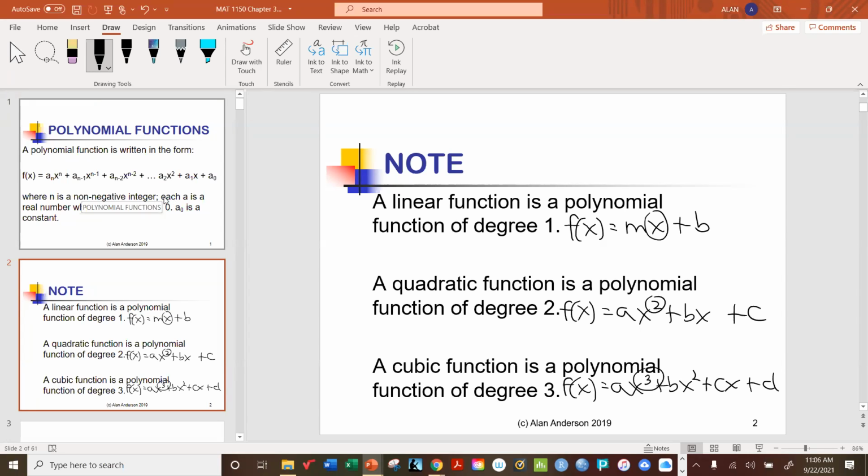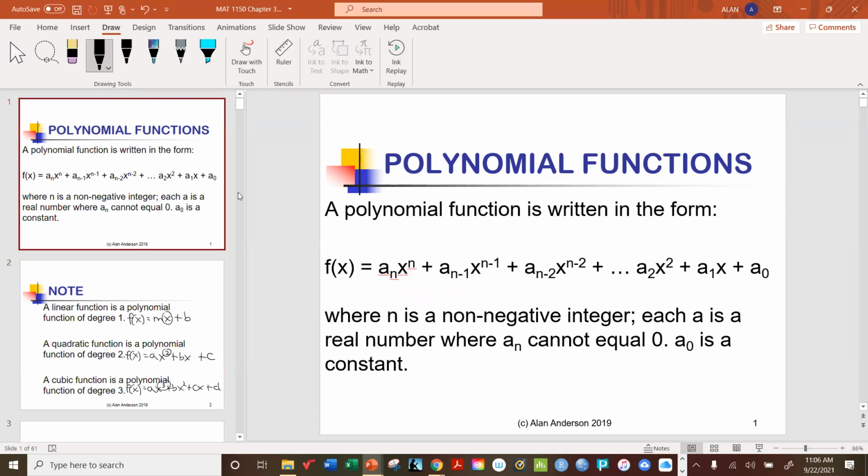This catastrophically complex expression means that this is an nth degree function. It's just a general way of showing that any of these are possible. We can have a 4th degree, a 5th degree, a 100th degree, but this is the general expression.